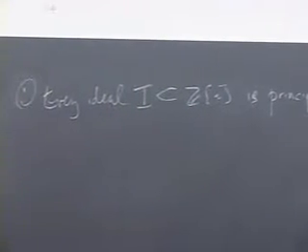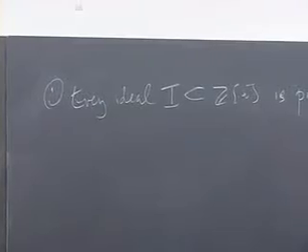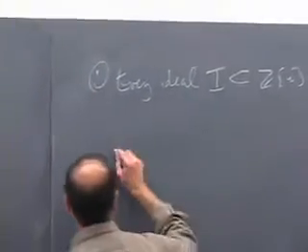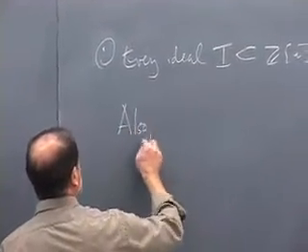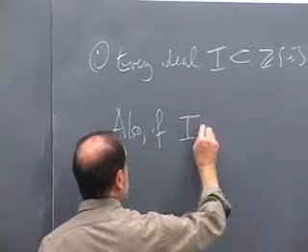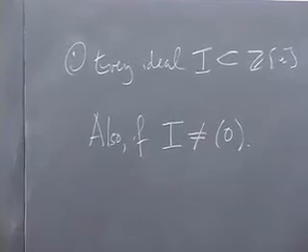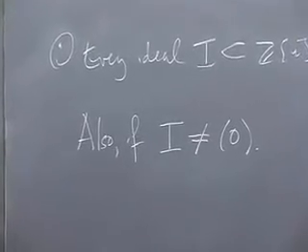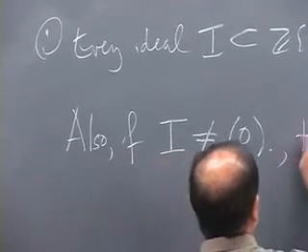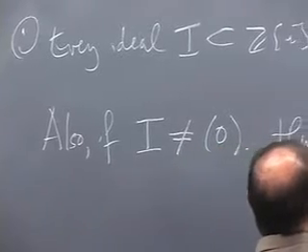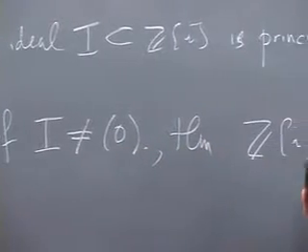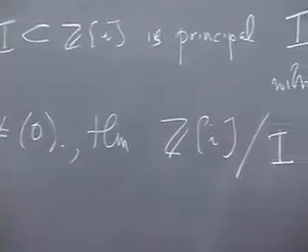Now we can say something else besides it being principal. If I is not equal to the 0 ideal, that's certainly a good ideal in the Gaussian integers because it's an ideal in any ring, then I claim the quotient of the Gaussian integers by I is a finite ring.